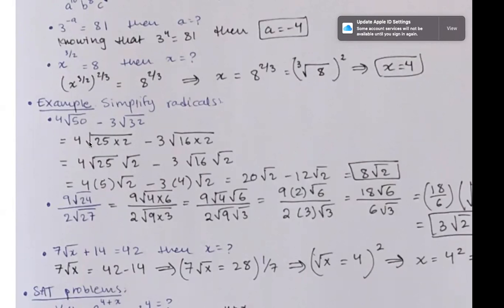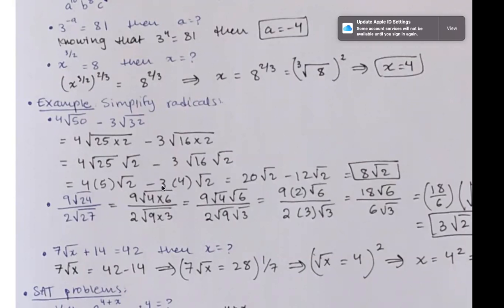So because of the exponent rules, we know that we can distribute the radical over 25 and 2, so we get 4 times the radical of 25 times the radical of 2, and the same case here. And then we know the radical of 25 is 5, and the radical of 2 stays the same because 2 is not a perfect square.